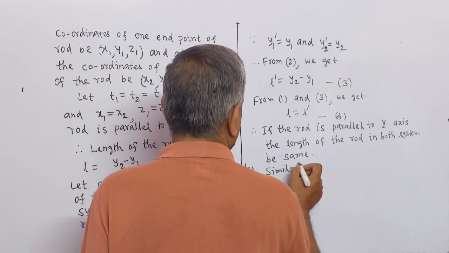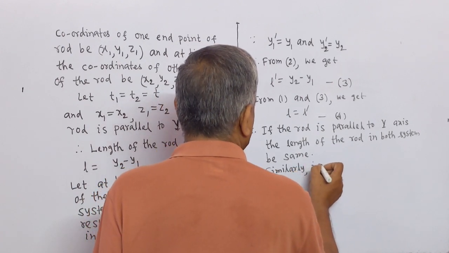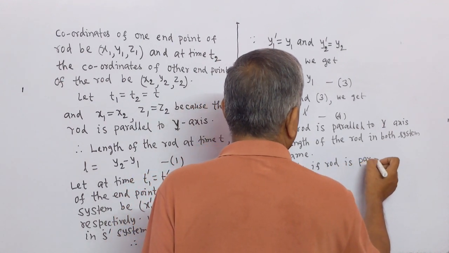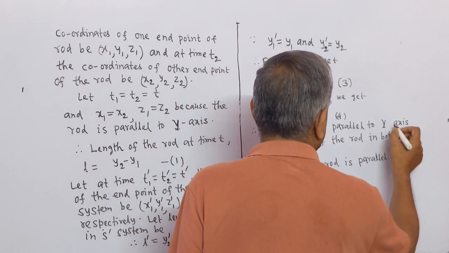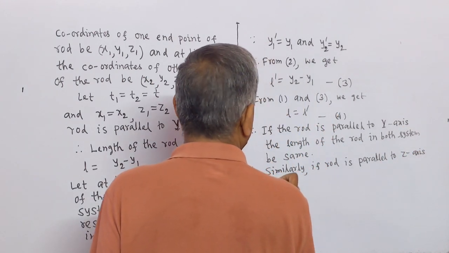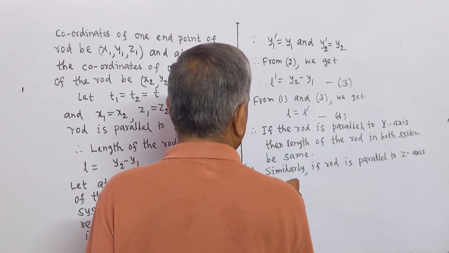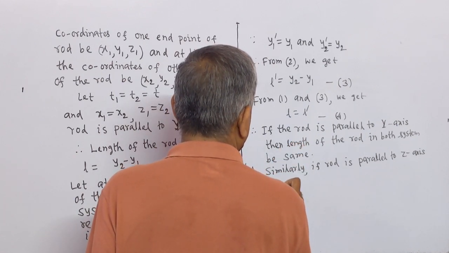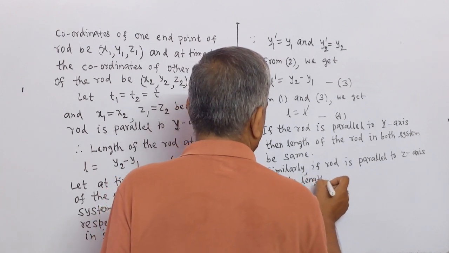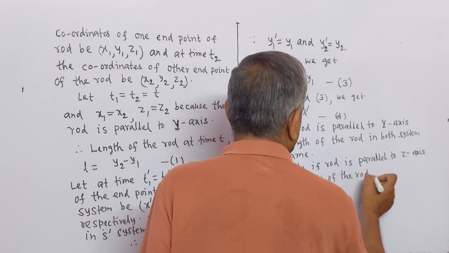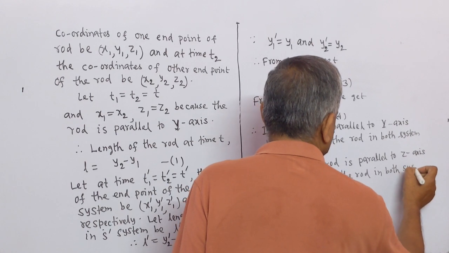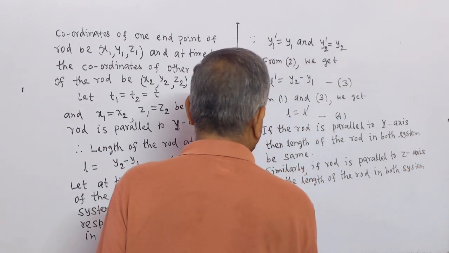Similarly, if the rod is parallel to z-axis, then the length of the rod in both systems will be same.